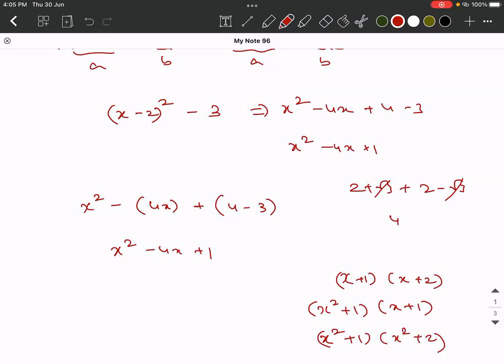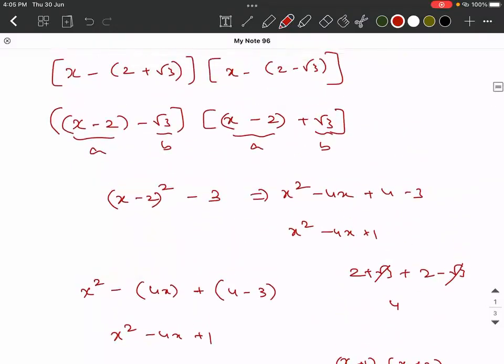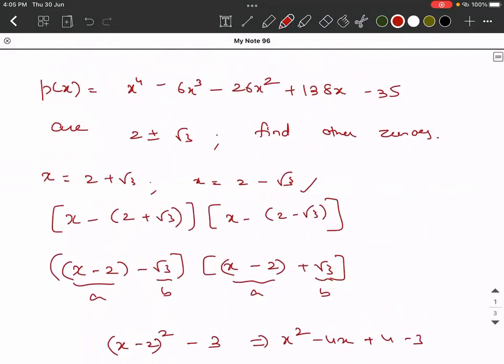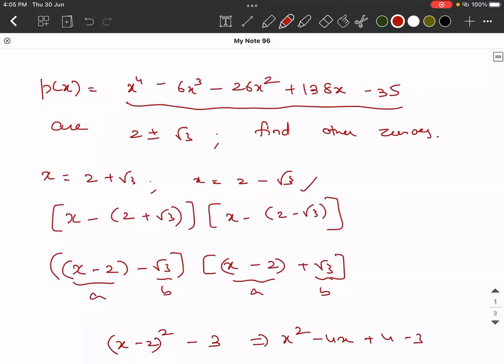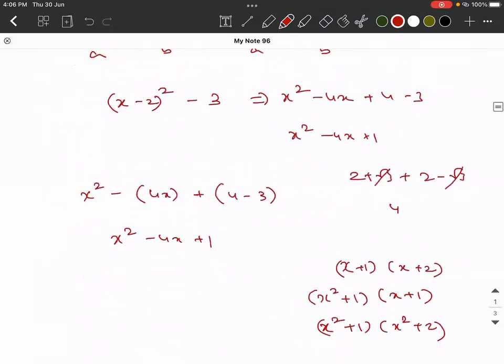If that is the case, in the fourth degree polynomial that you have, you are given 2 roots. Those 2 roots combined together will give you a quadratic polynomial. So when you divide this fourth degree polynomial by a quadratic polynomial, you will be left with another quadratic polynomial, right?